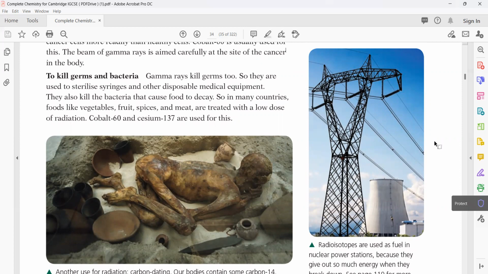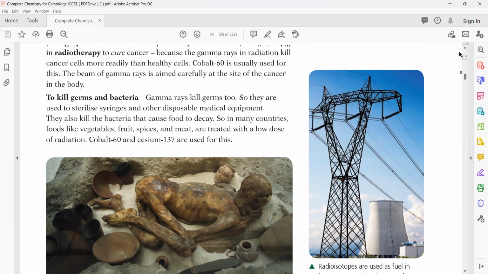I just read about cobalt 60. The 60 is the number of protons plus the number of neutrons, which is equal to 60. Maybe there are many other isotopes of cobalt, but this is the one we use.